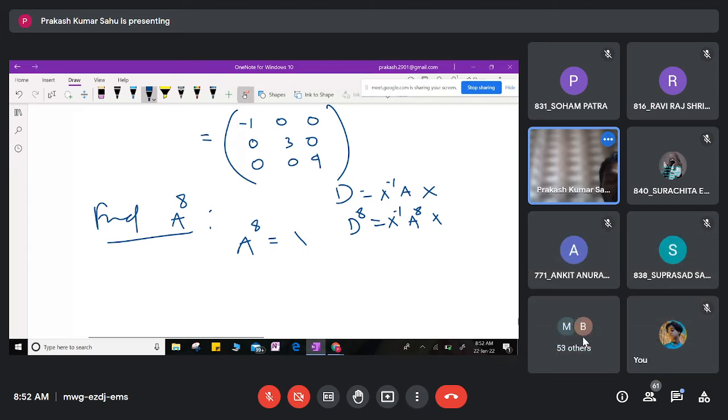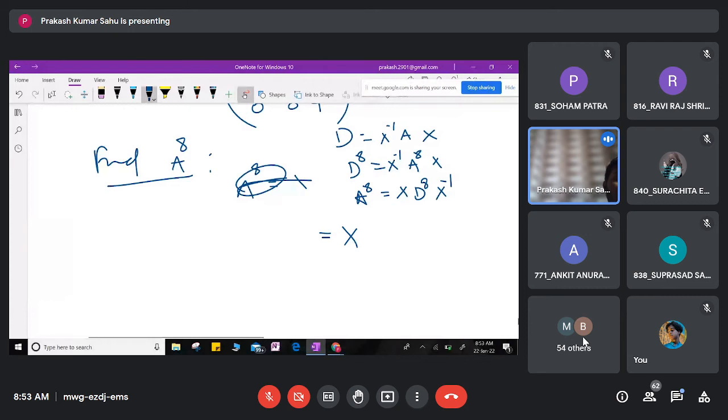Okay, तो तुम्हारा A8 क्या होगा? Your A8 is equal to, x इनवर्स है, तो यहाँ पे x मल्टीप्लाई होगा, ये x इनवर्स हो जाएगा। ओके, तो this is your A8. तो now this is equal to तुम्हारा x मैट्रिक्स है, it is given.